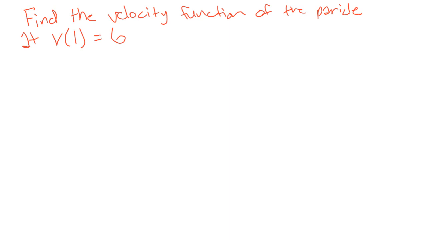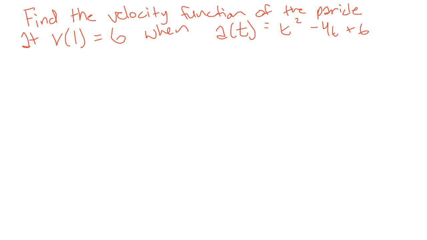And we're also given that a of t is equal to t squared minus 4t plus 6.